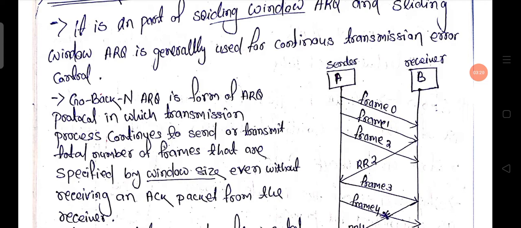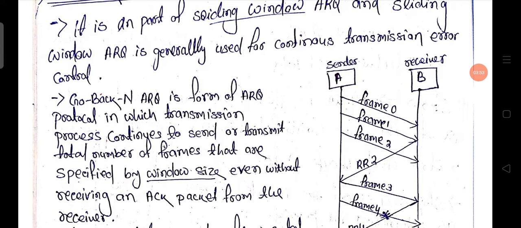But here, the total amount of the window size is transmitted one by one, without waiting for acknowledgement. After all the frames are transmitted, one acknowledgement comes, meaning all the frames are received.